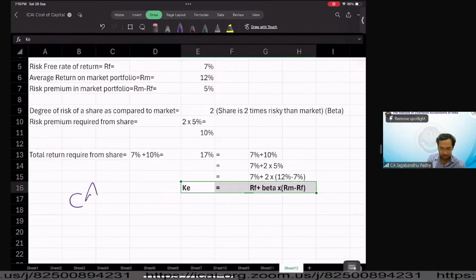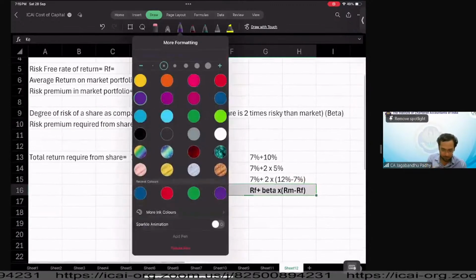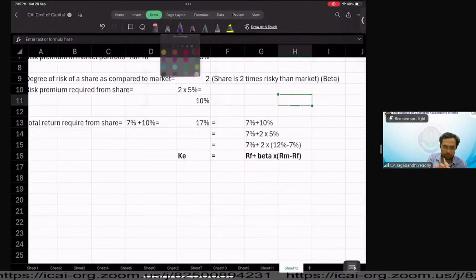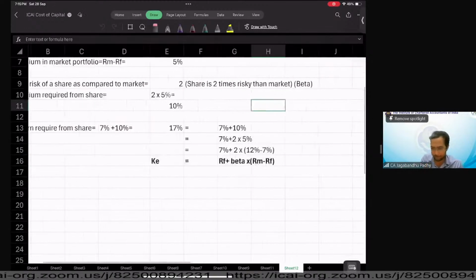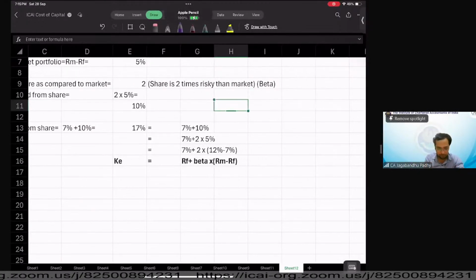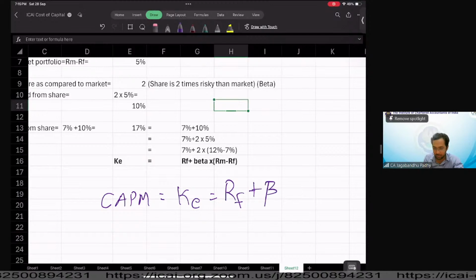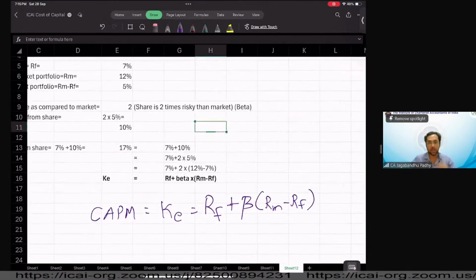So under CAPM, the capital asset pricing model, we calculate cost of equity as risk-free return plus beta into market return minus risk-free return. That's our CAPM model for calculating the cost of equity.